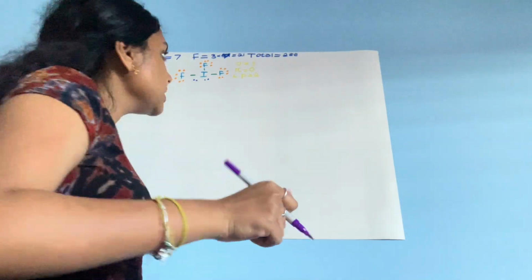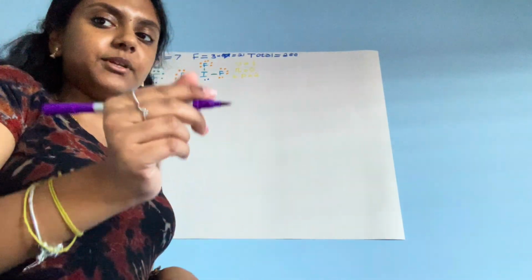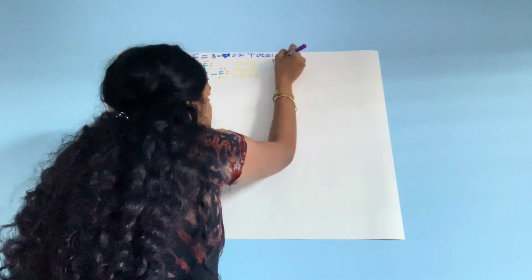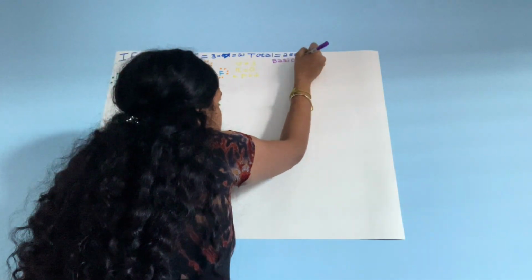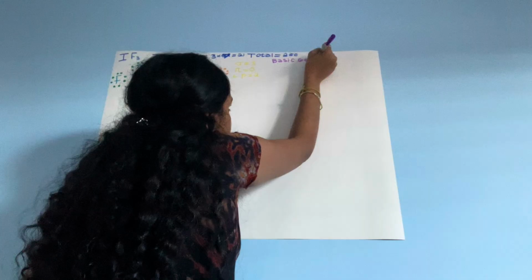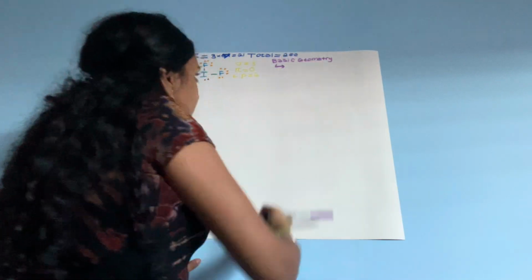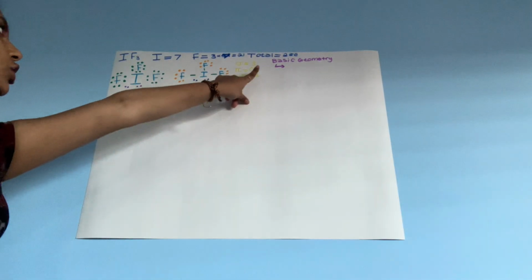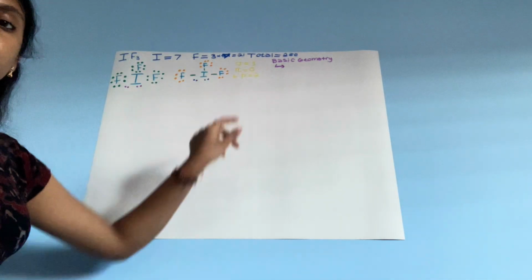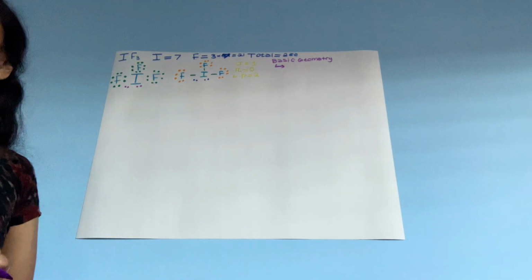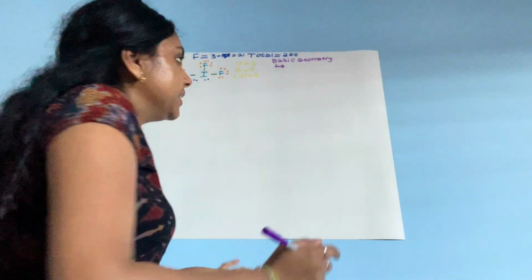Now we've listed our bonds, we've done most of the work, and now we're just going to be looking at geometry. So let's look at basic geometry first. Looking at basic geometry, we have 3 sigma bonds and 2 lone pairs. So that will be trigonal bipyramid.